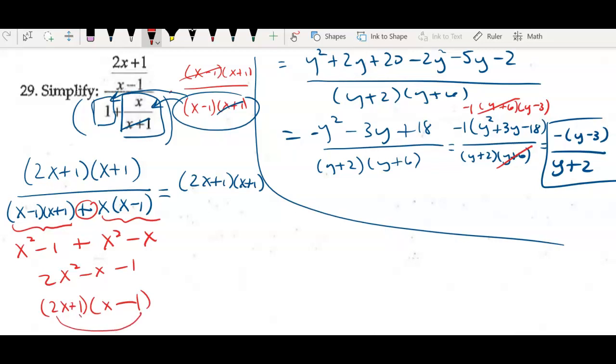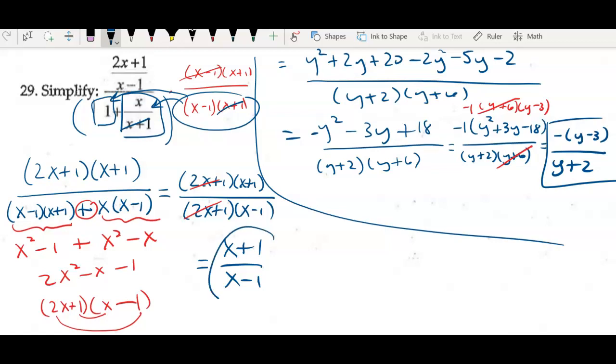Negative 2x plus x is negative x. So over here, I can put 2x plus 1, x minus 1. Cancel, answer. You cannot do anything with that. They are not identical. The x's cannot cancel. That's your answer.